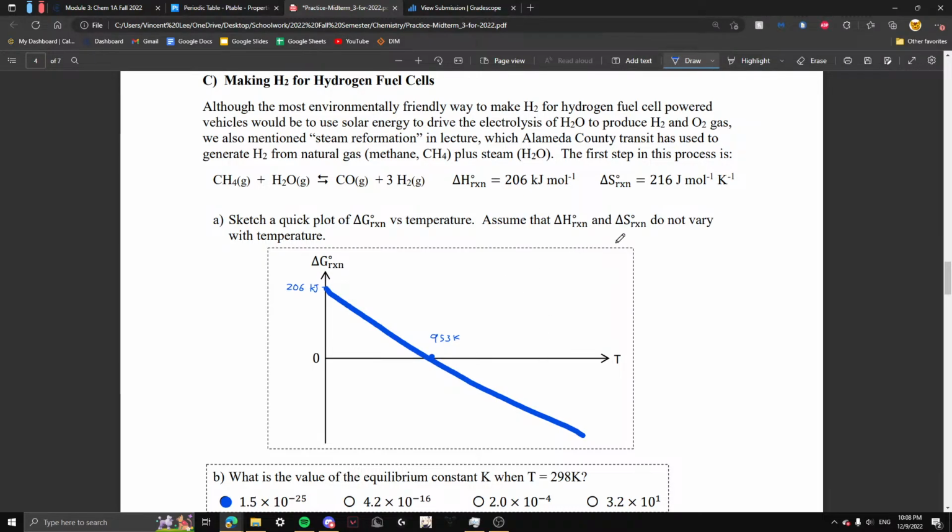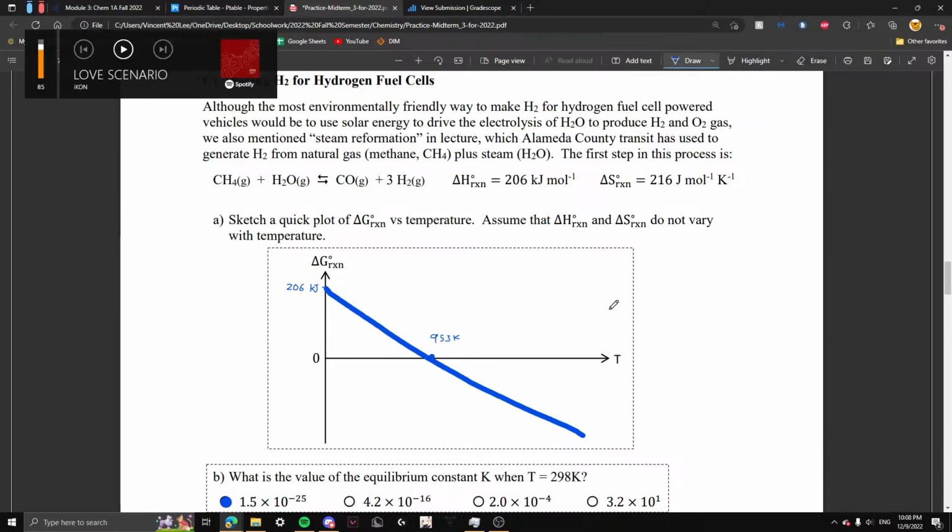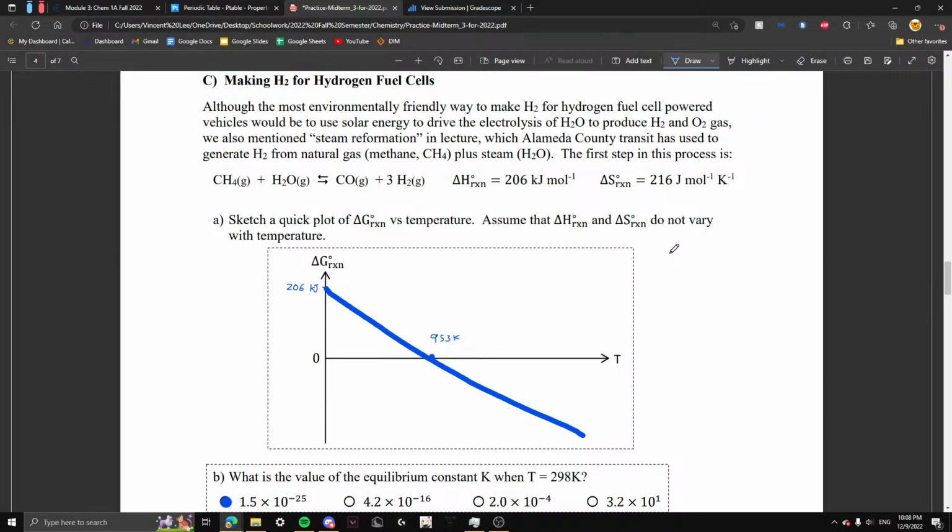For this, just treat the delta G reaction like a point-slope formula: negative T delta S plus delta H, where delta H is your intercept and T is your slope. So at T equals 0, delta H would be your y-intercept, which is this.